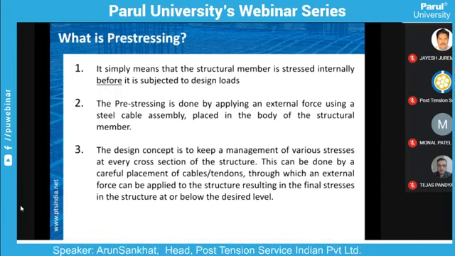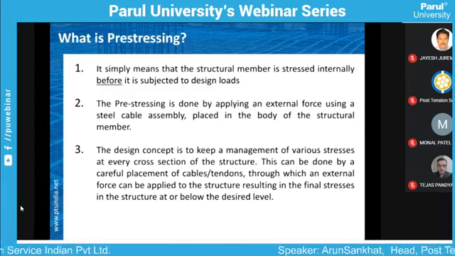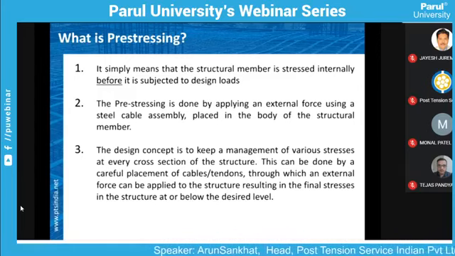And how the pre-stressing would be done, or how the internal actions are generated, we will see in the next slides. Actually, what we are doing is trying to balance the stresses we saw in the last slide. So there is a compression, there is a tension.